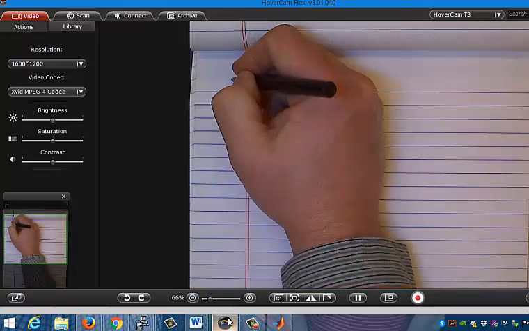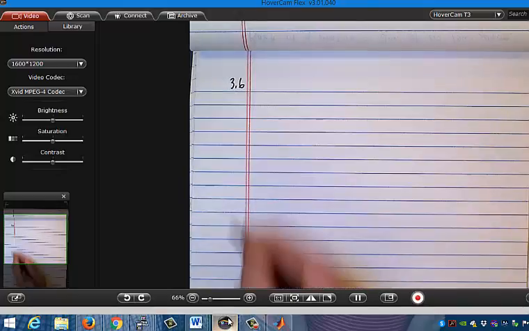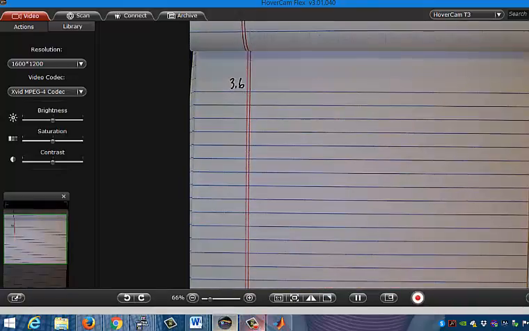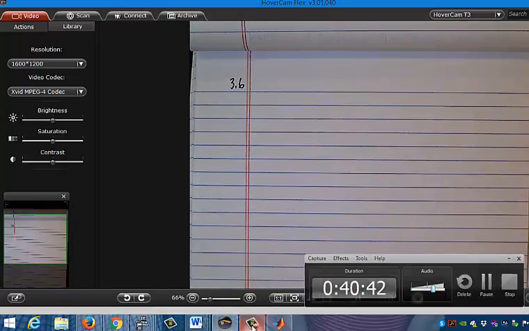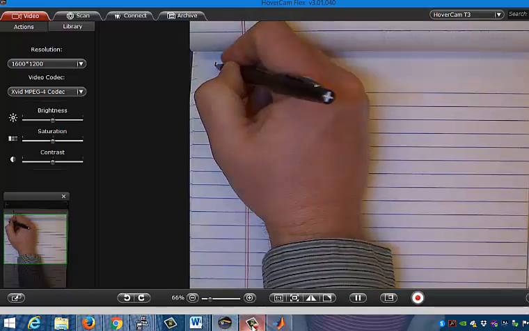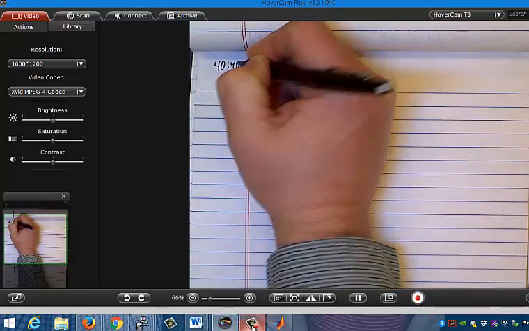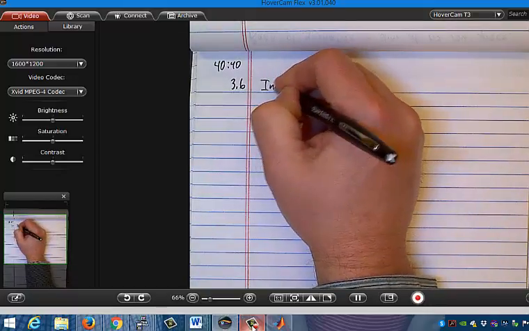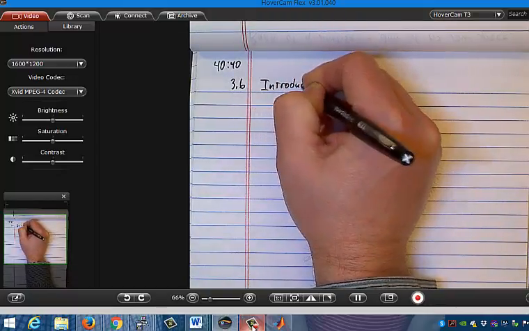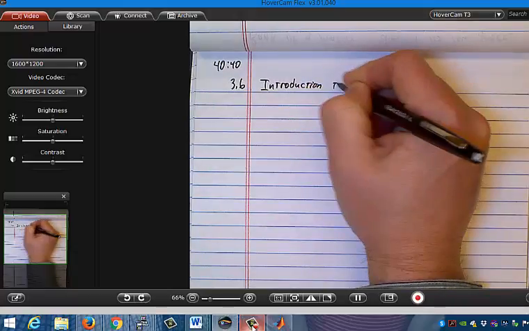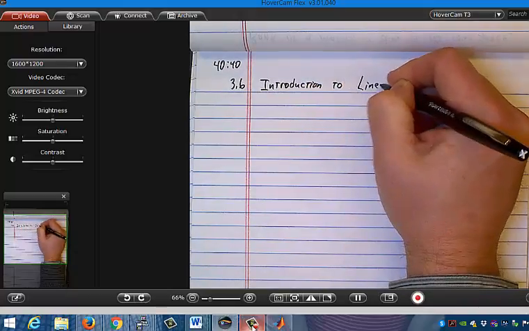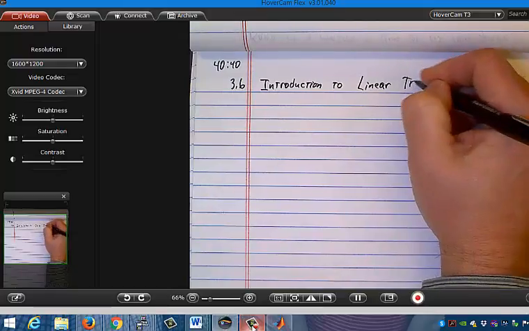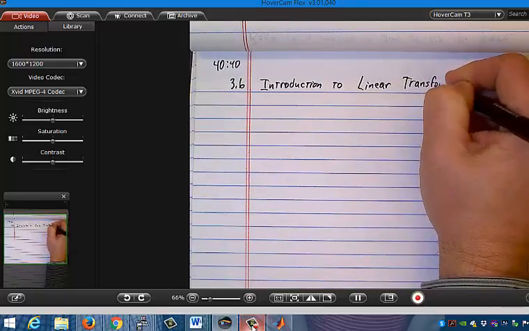So 3.6, this is introduction to what are called linear transformations.